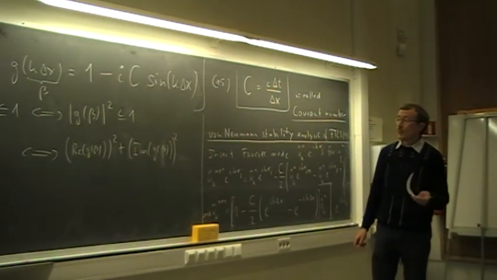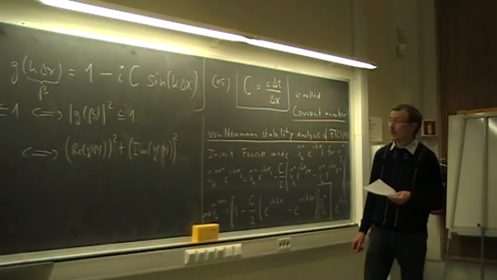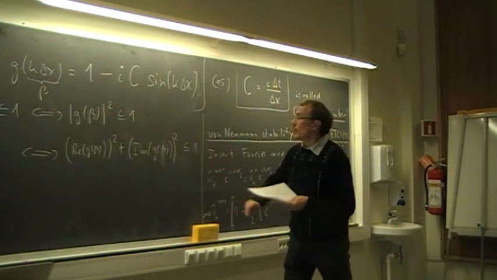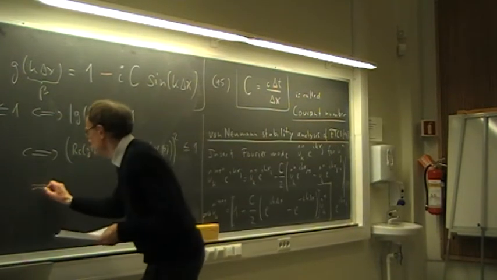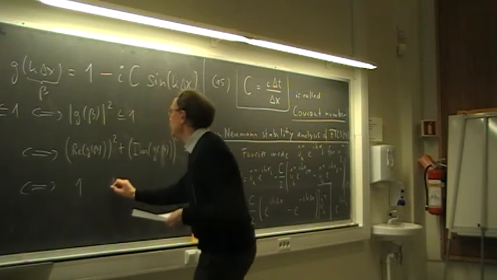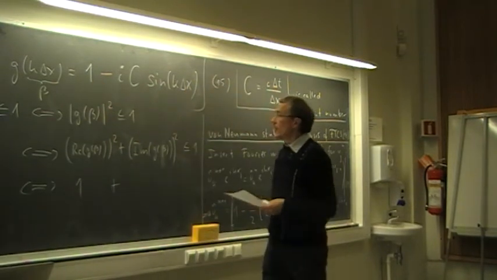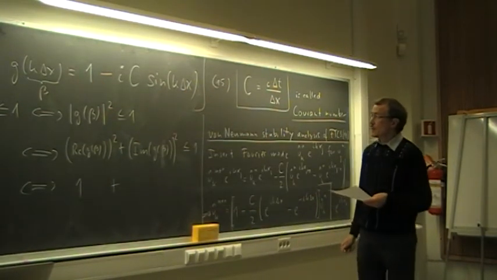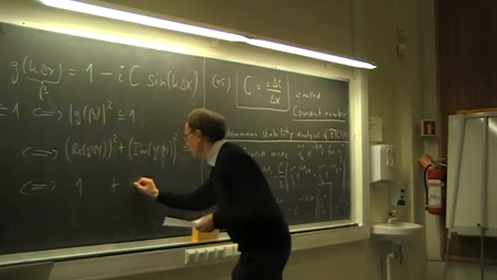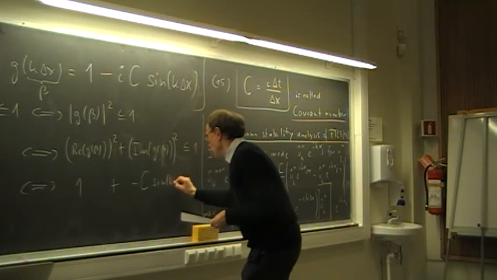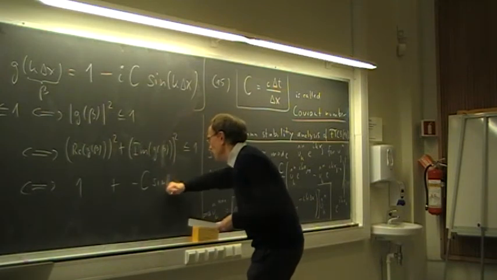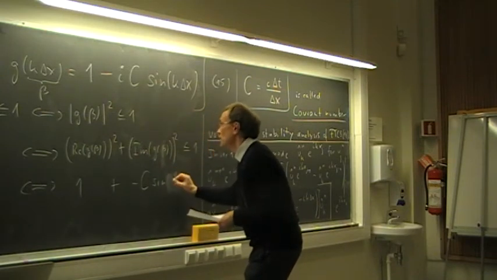So what is the real part in our case? The real part is 1. So that is easy. The imaginary part is I c sine, so it is minus c sine of beta.